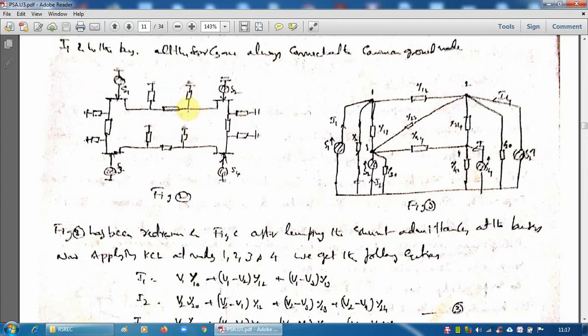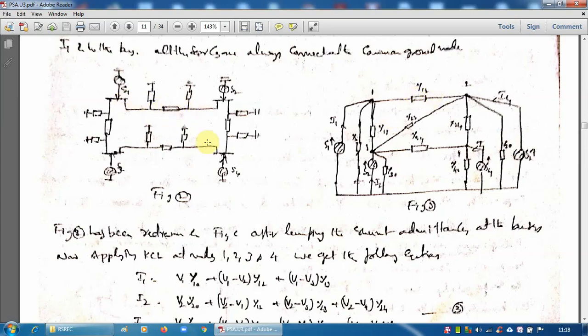This is bus 2, so this is between bus 2 and ground. This is ground, the common ground point. This is between bus 2 and ground, and it is named Y20. This is Y12 because it is between 1 and 2, series impedance, series admittance.